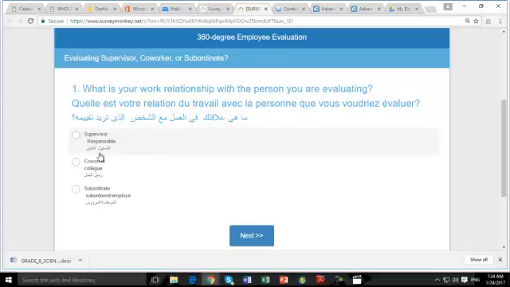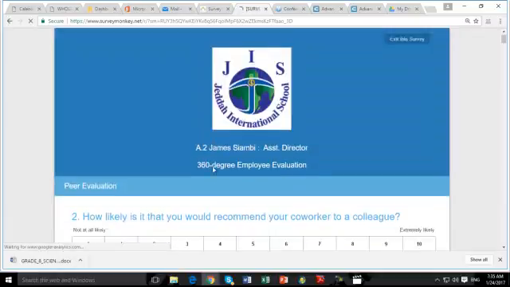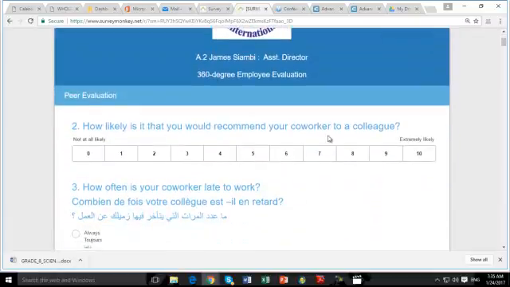So make sure you answer the first question correctly. If James is a supervisor, select him as supervisor. Or if your colleague is a coworker, select as coworker. For instance, we will select coworker here. If you go next, you will find that the survey that will come will be relating to the coworker.